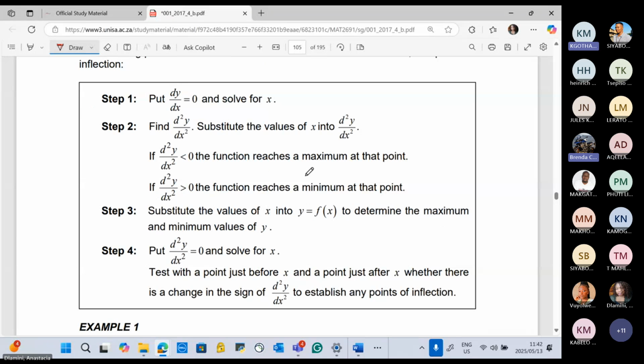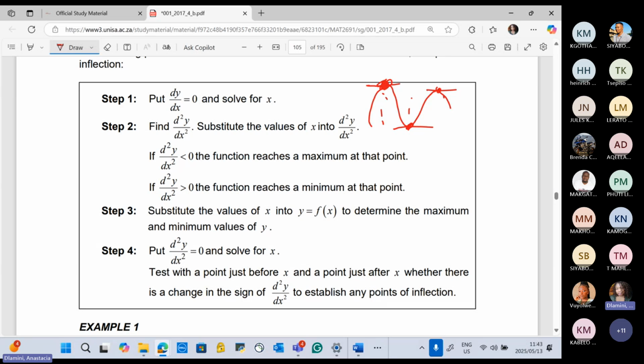Yes. So we draw it like this: the tangent line is horizontal, so the derivative is 0 here, here, and here. If we equate the derivative to 0 and solve for x, it gives us the x values here, here, and there.